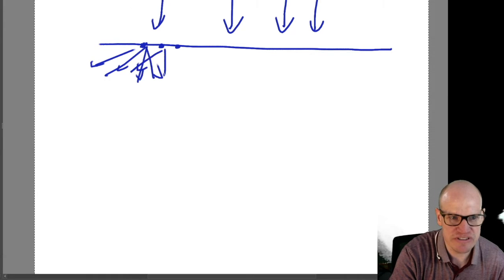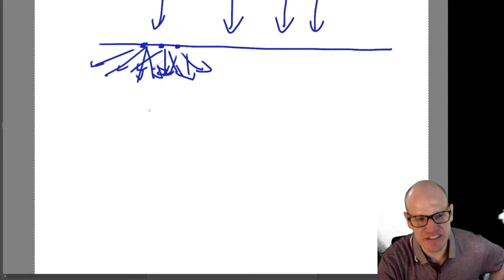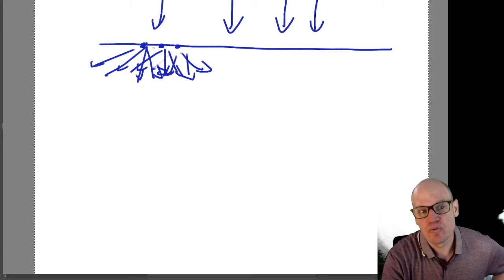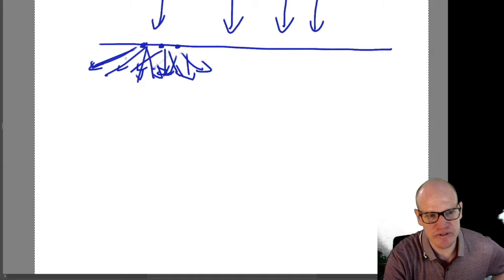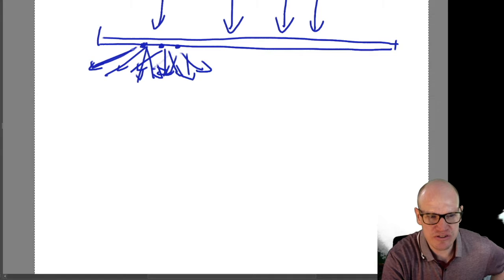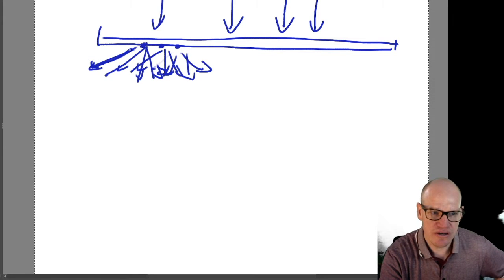So each of these points is radiating light in all possible directions simultaneously. And the reason that you can do this, or what happens when you do this, is that those components that are coming off at weird angles, if you have a full wavefront like this, will add destructively. They will destructively interfere with each other fairly quickly.